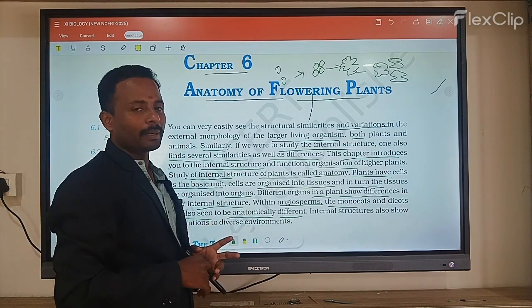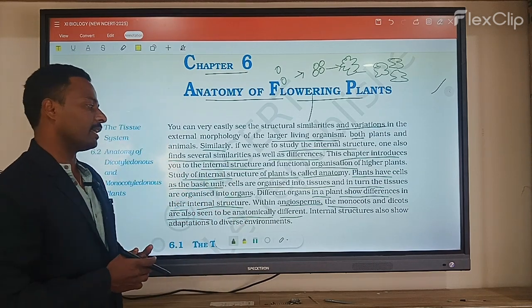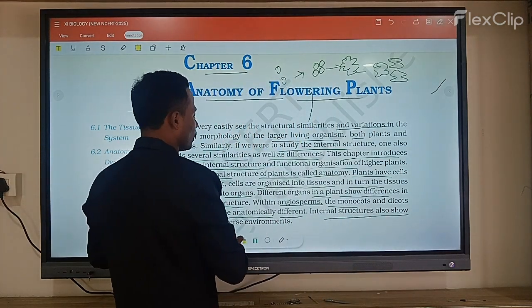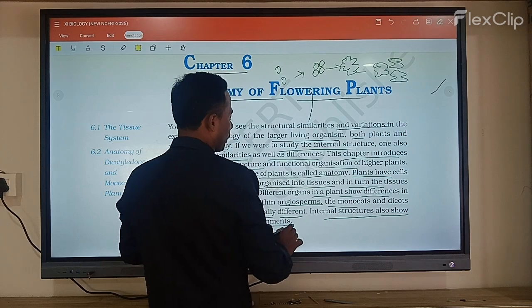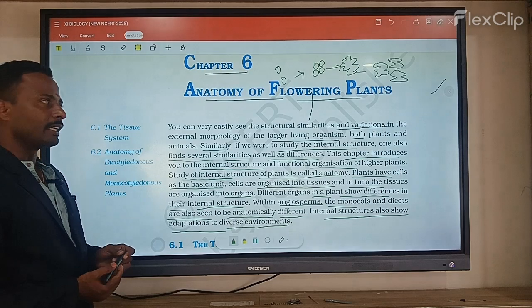Dicot plant anatomy is different, and monocotyledon anatomy is also different. The internal structure also shows adaptations to diverse environments, so depending upon the environment, the characters change automatically.